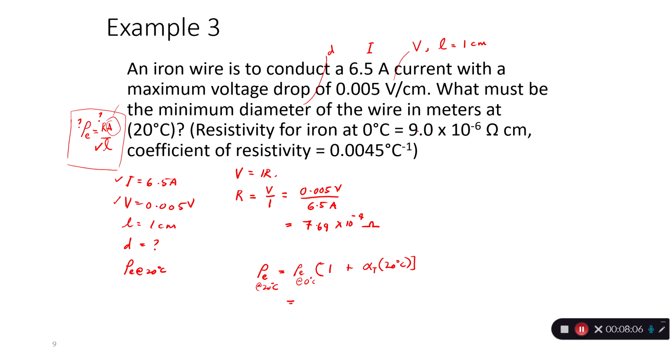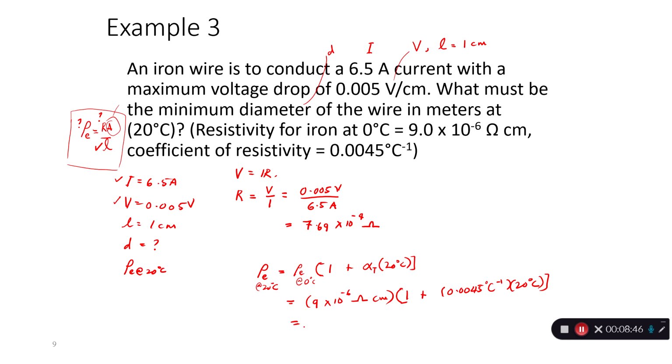Resistivity at 0 degrees is 9 times 10 to the minus 6 ohm cm, multiplied by 1 plus the coefficient, 0.0045 per degree C, multiplied by 20 degrees Celsius. We should put a square bracket here.